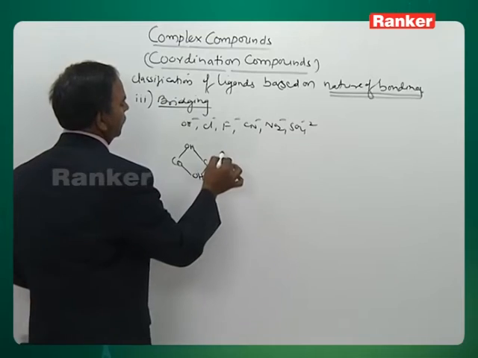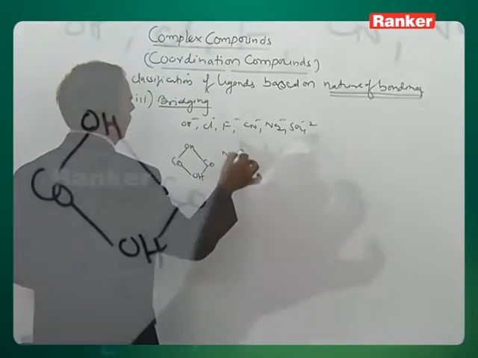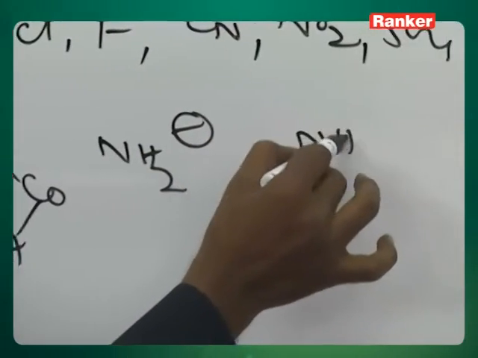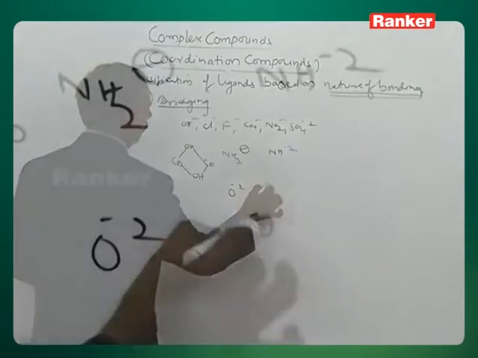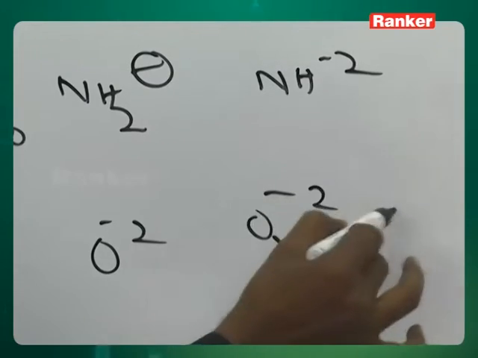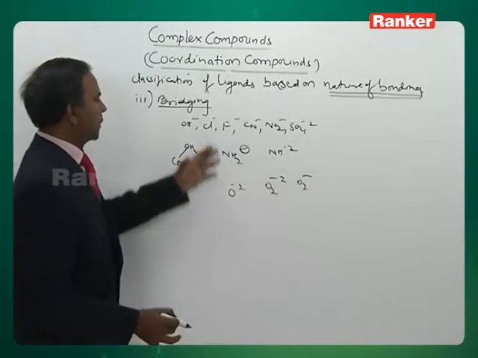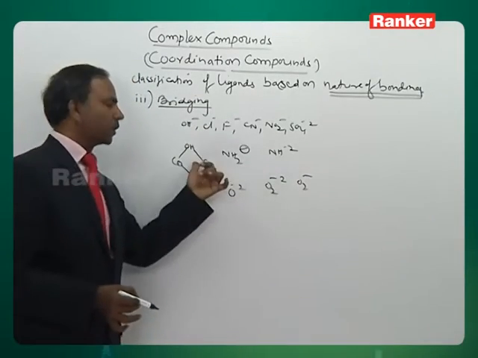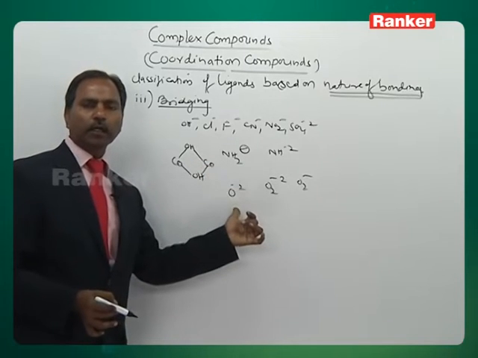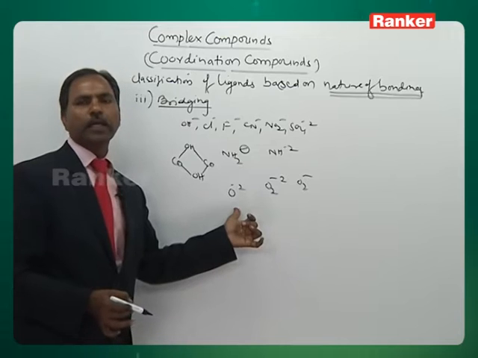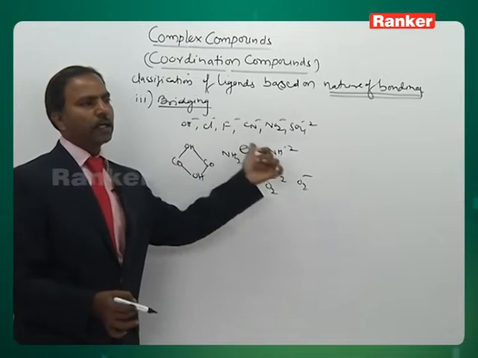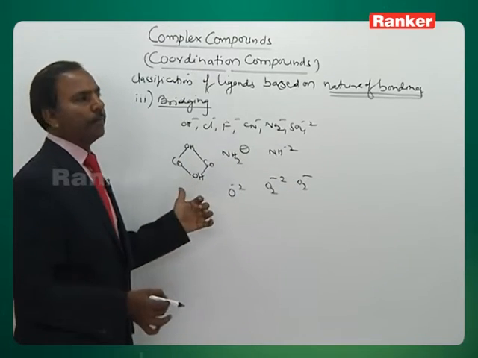In addition to this, you can take amido, NH2 minus, imido, NH 2 minus. You can also take oxo, peroxo, superoxo. All these ligands can act as bridging ligands. They are all capable of forming 2 sigma bonds with the 2 metal atoms, acting as a bridge. All of these we can consider bridging ligands.